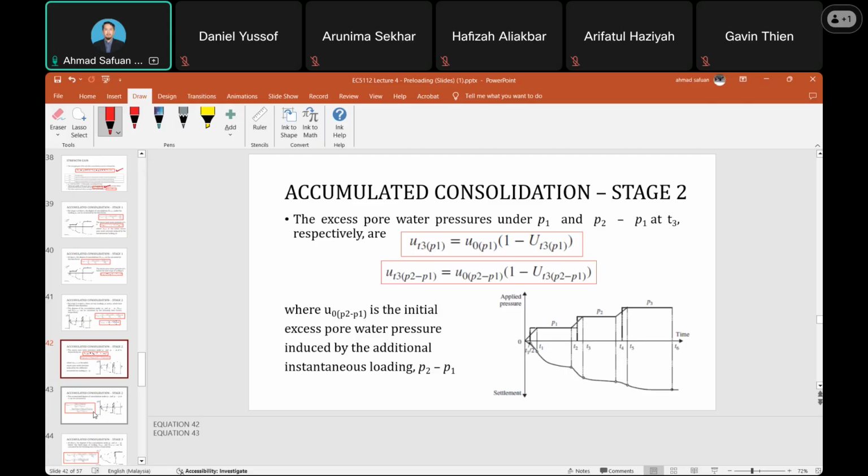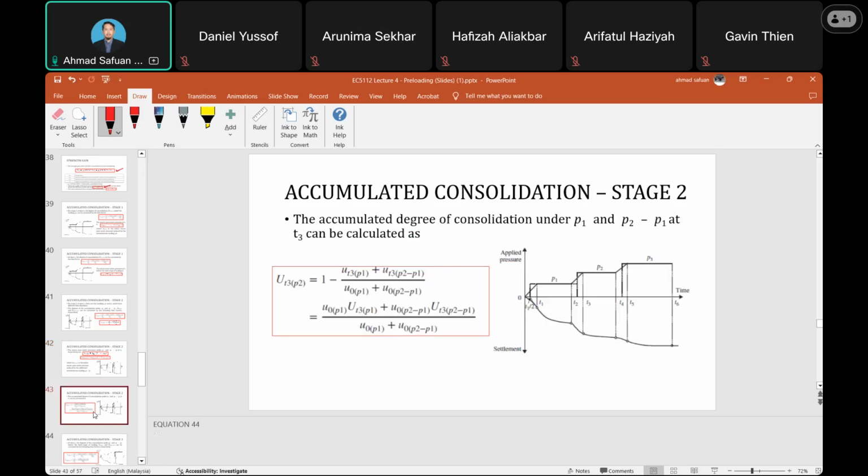Where U naught P2 minus P1 is the initial excess pore water pressure induced by the additional instantaneous loading P2 minus P1. So the accumulated degree of consolidation under P1 and P2 minus P1 at T3 can be calculated by these equations. So they combine P1 and P2 minus P1.